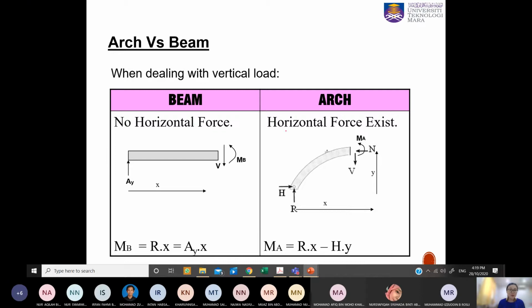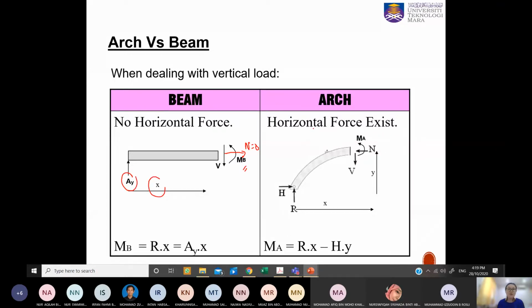Therefore we will not have any axial force in this particular beam case. The axial force is equal to 0 here. And when you determine the MB for this system, you straight away use AY multiplied by X.